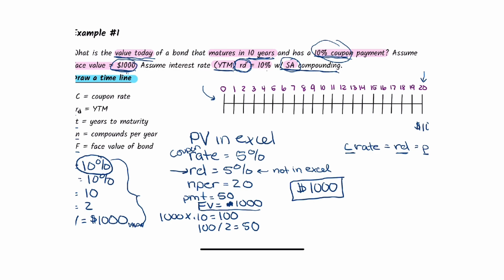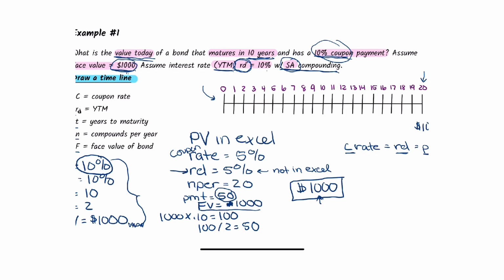You're giving them $1,000. In return, you will get a coupon payment of $50 every 6 months. And then at the end of maturity, so at the end of the 10 years, you will get this $1,000 back. So you're giving them $1,000, you get $50 every 6 months, and at the end of 10 years, you get $1,000, which is the face value.